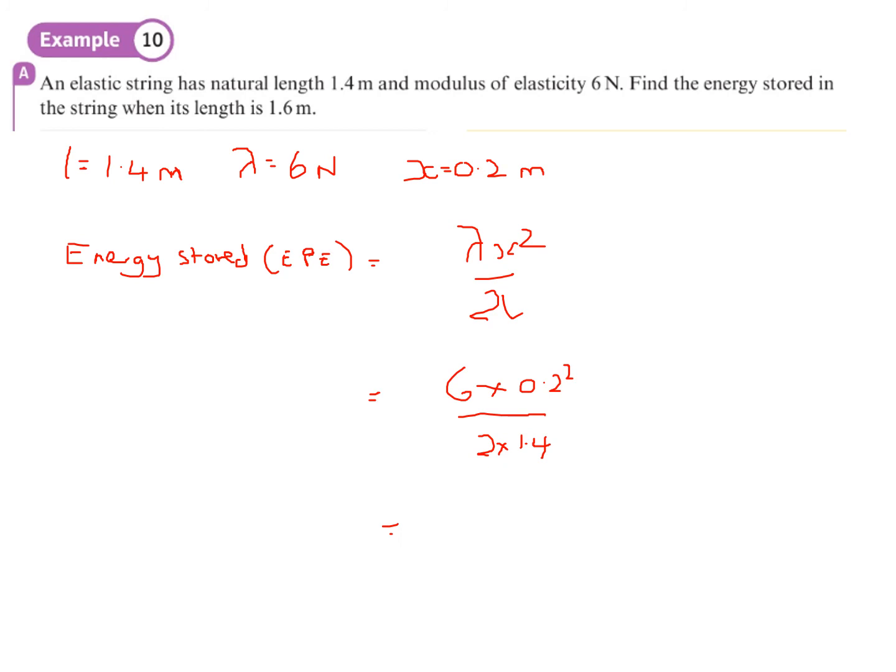Stick it in a calculator. You can have a go at that if you like and pause the video. What you should get is 0.086 joules, to two significant figures. And I've got no g involved here. You could do more significant figures if you wanted to, but 2 is fine, 0.086. Good. If you haven't got that down yet, then just pause it and copy it down as notes.